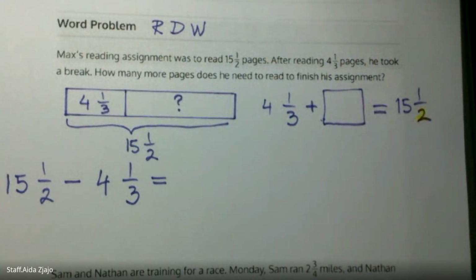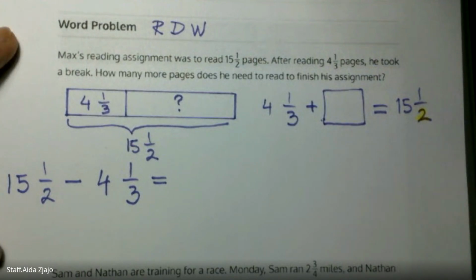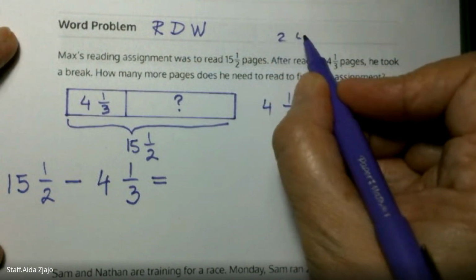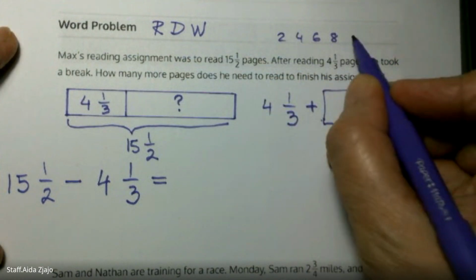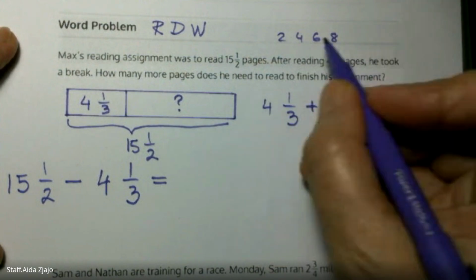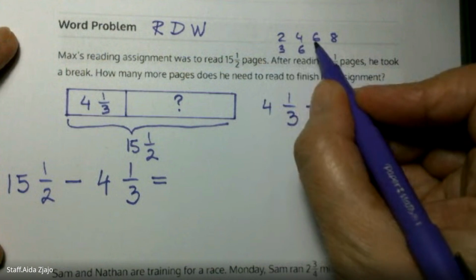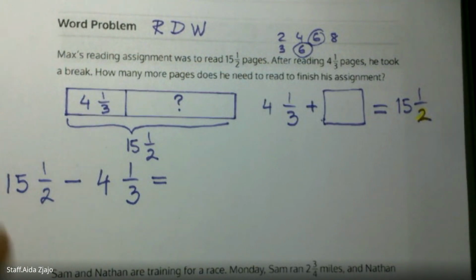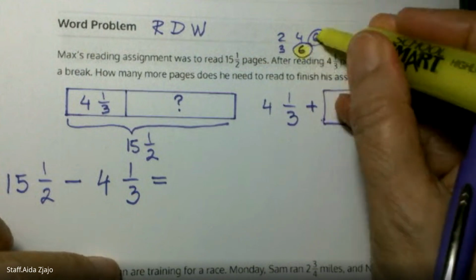I need to make them the same. If I skip count by 2, 2, 4, 6, 8, and then by 3, 3, 6, I can see that I can change the halves and the thirds into sixths.